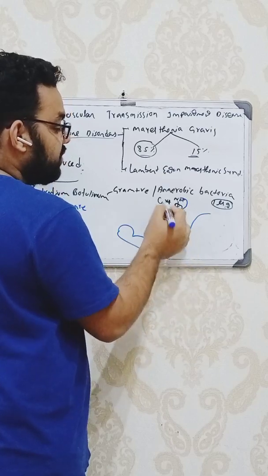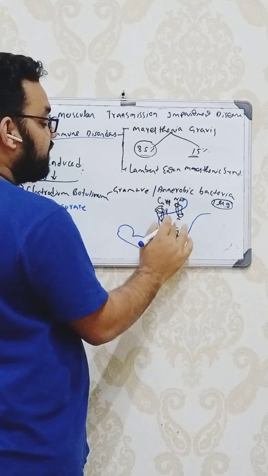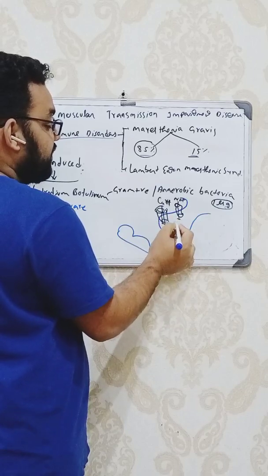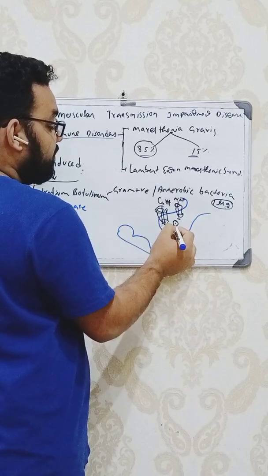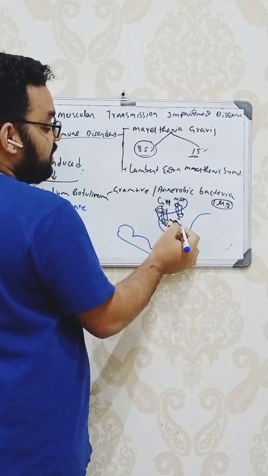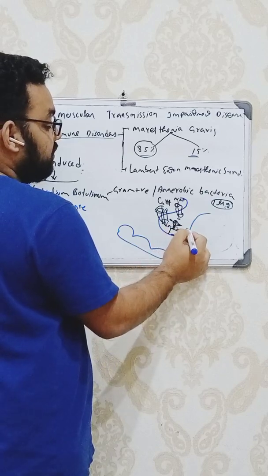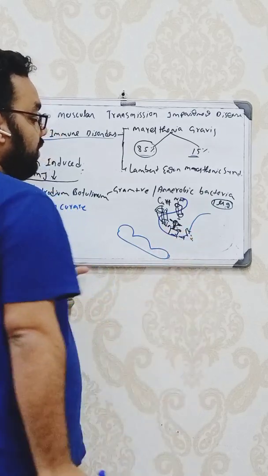This unopened part of the syntaxin protein will be opened with the help of calcium. As a result, the acetylcholine will be stored, this part can be attached with this membrane, and ultimately it will be able to release the acetylcholine.